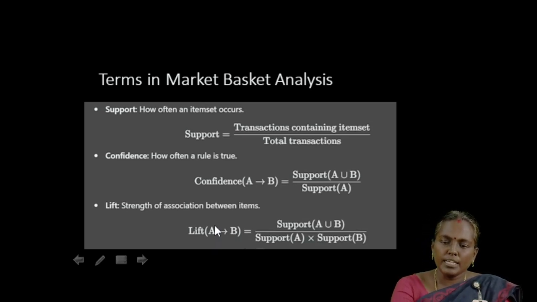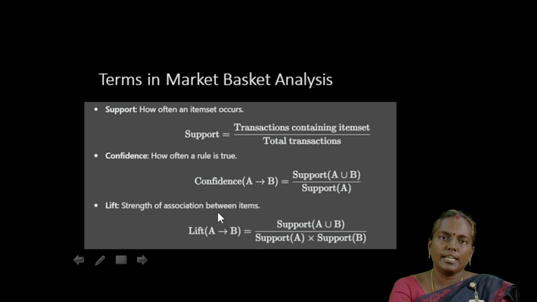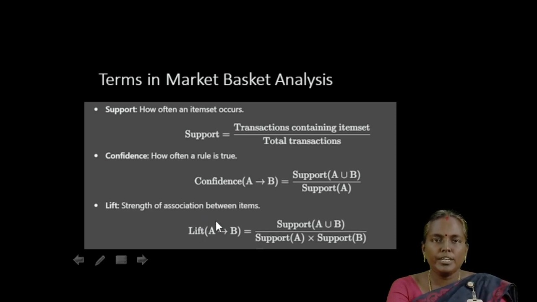So for analyzing the transactions that have occurred, market basket analysis uses these three terms: support, confidence and lift. To explain this more clearly, let me show you one example.